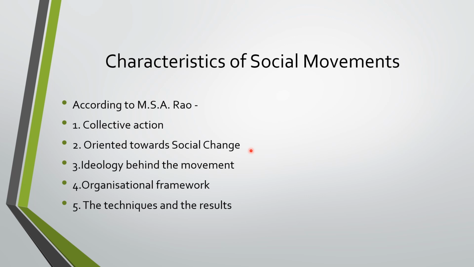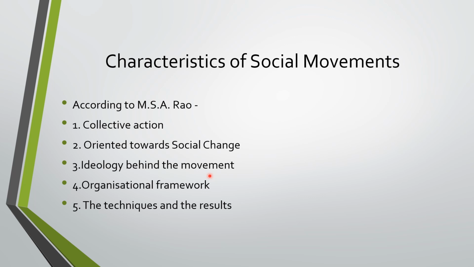Let's see some other characteristics. There is an ideology behind the movement. An important component of social movement that distinguishes it from the general category of collective mobilization is the presence of an ideology. Let's understand this with an example.